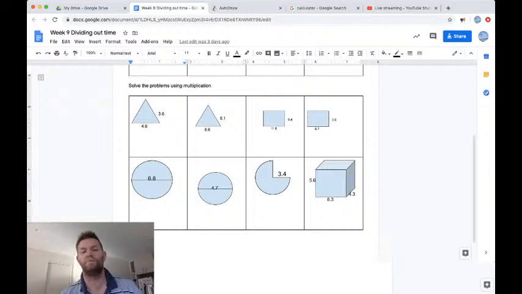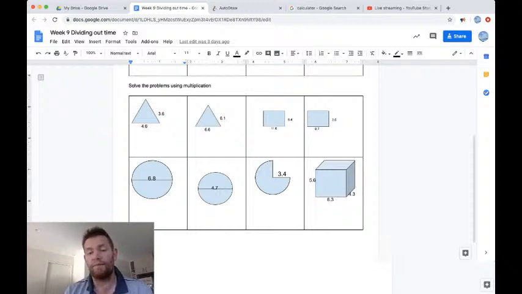There's also some perimeter problems, but we won't be doing them because I think we can all add, because that's what perimeter is.